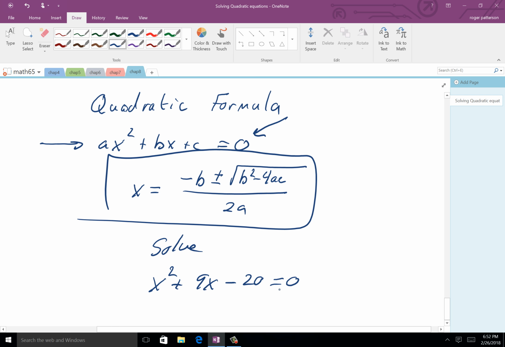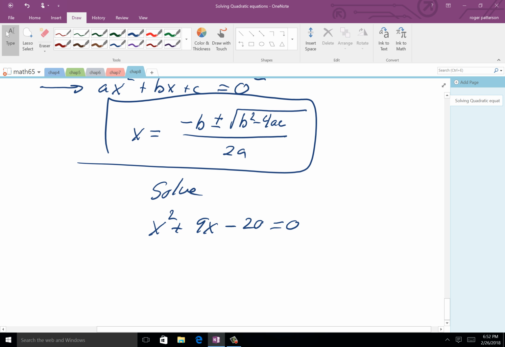Now you might remember that when we did these before, we factored them and used the zero product property. But the zero product property only works for very few of these. It's okay if it can be factored, but if it can't be factored, then you can't use it.